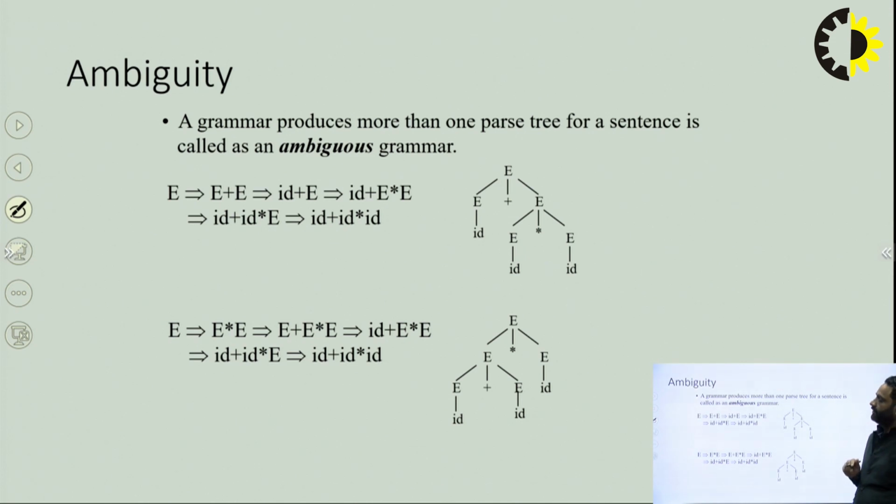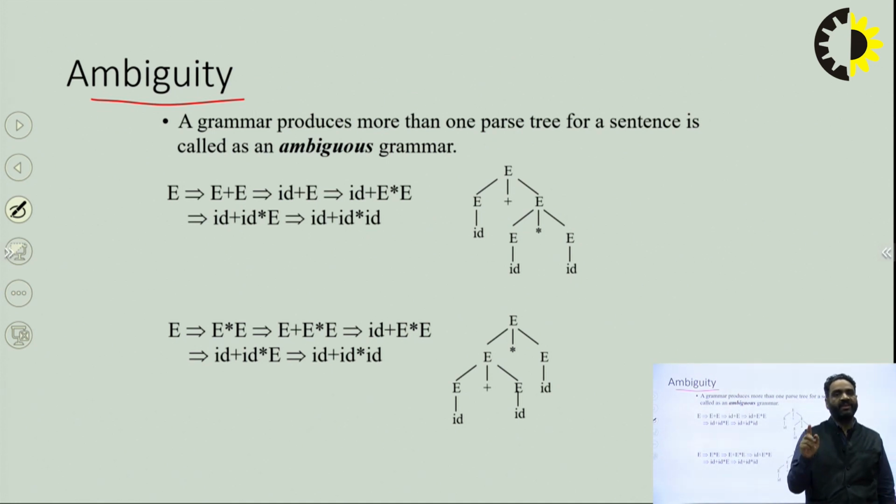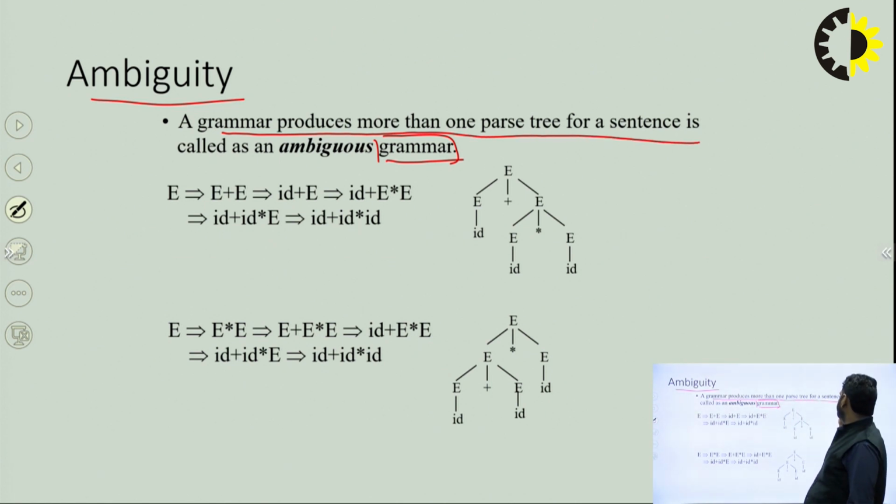Next topic is ambiguity. You know the meaning of ambiguity. When we have two meanings of a word, it is known as ambiguity. This logic is applied to our grammar. Suppose a grammar produces more than one parse tree for a sentence or a string, then the grammar is known as ambiguous grammar. Suppose we have a string ID plus ID asterisk ID.